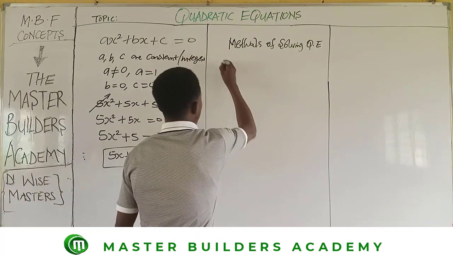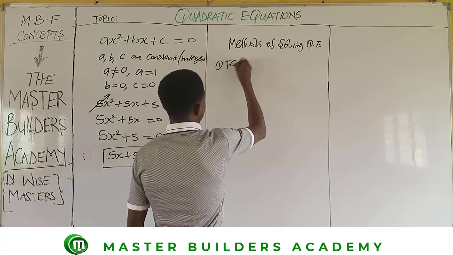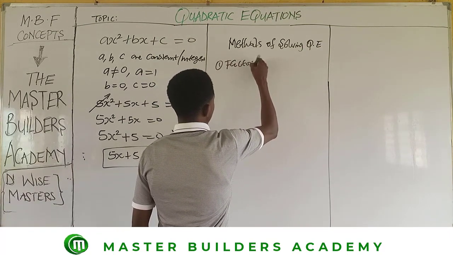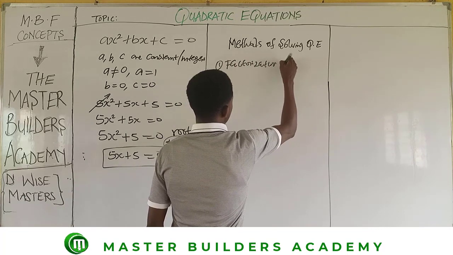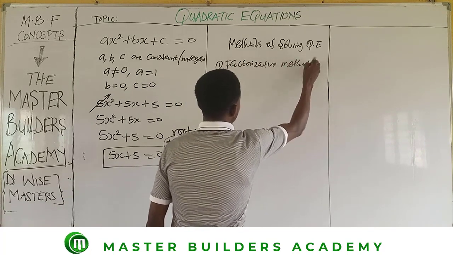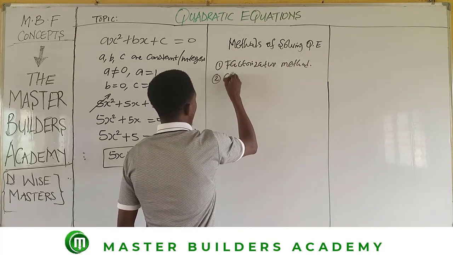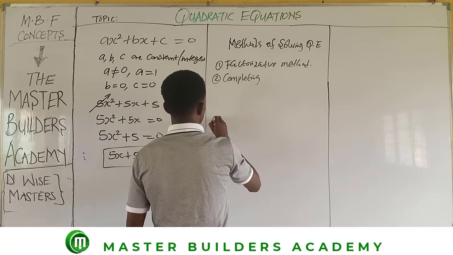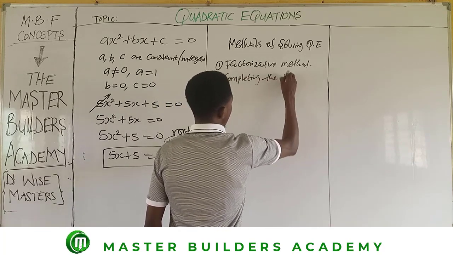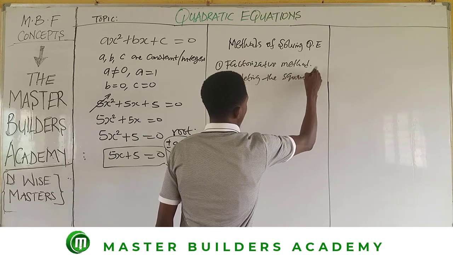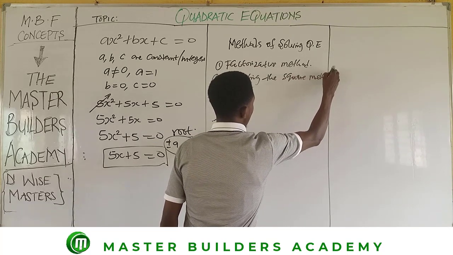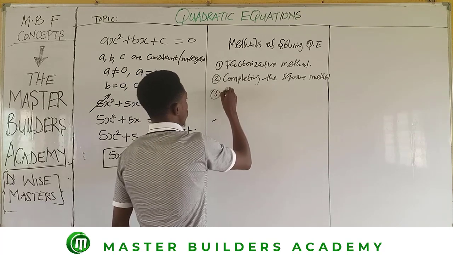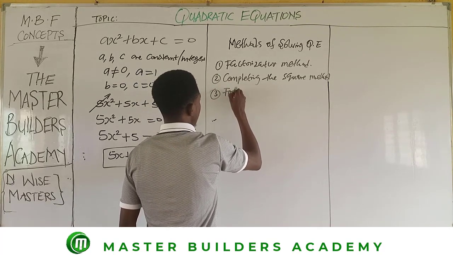The first method is what we call the factorization method. The second method is completing the square method. The third method is called the formula method.